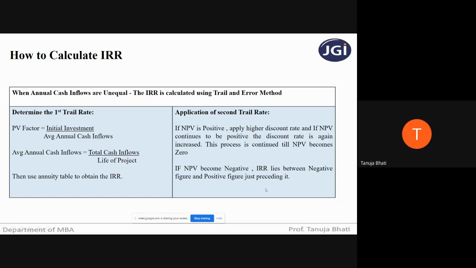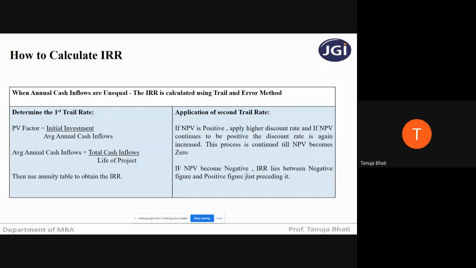Suppose at 8% you're getting negative and at 10% you're getting positive, then you know 0 will lie somewhere between 8% and 10%. That means IRR will lie between 8% and 10%, where your NPV will be 0.